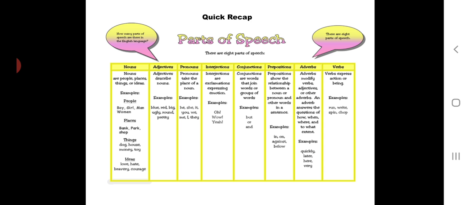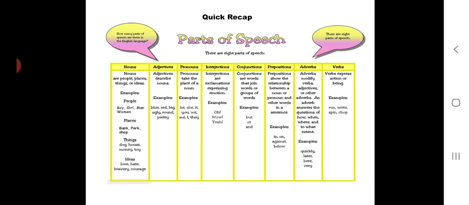After that, verb. A verb tells us what someone does, is, or has, or it expresses the action, being, or position of something or somebody. After verbs, it is adverb. Adverbs modify the verbs, adjectives, or other adverbs to make them more understandable.